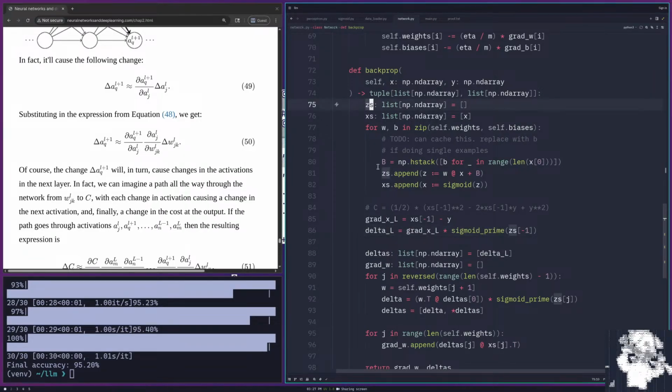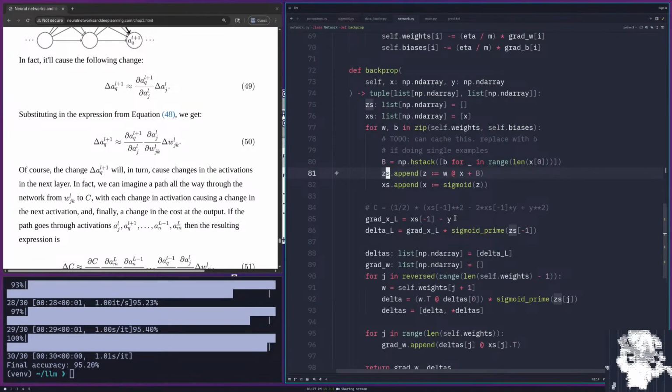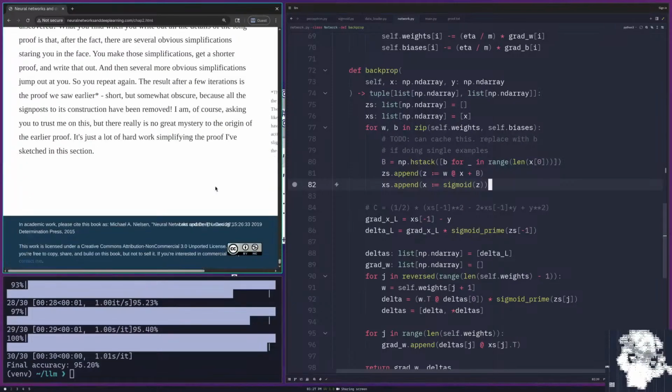And z is the same. It's not obvious in advance that you need to keep track of z's separately from the x's, but I guess he's claiming that would jump out at you. No, it wouldn't jump out at you. It's a clever idea, so you wouldn't be able to think of it. Okay.